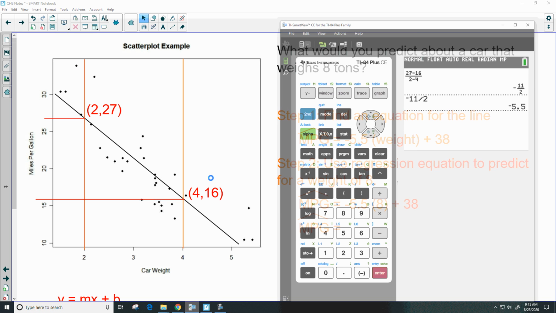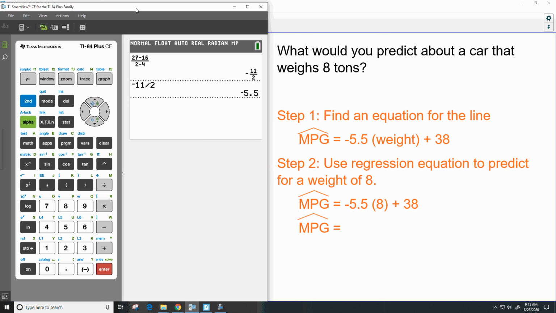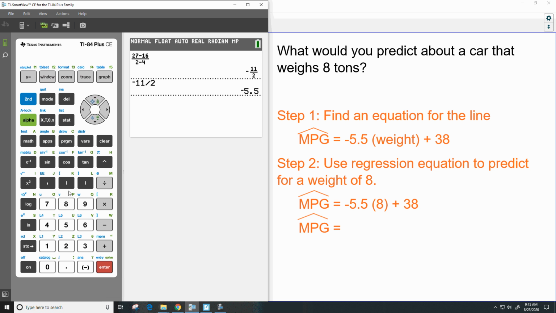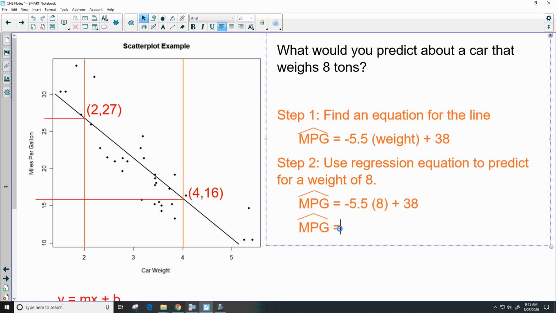So, calculator, negative 5.5 times 8 plus 38 is negative 6. And that is miles per gallon.